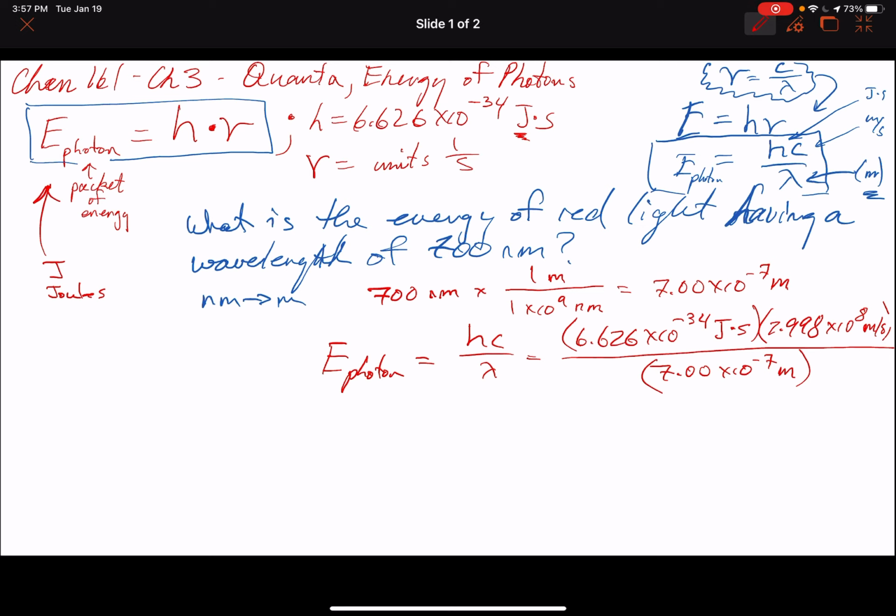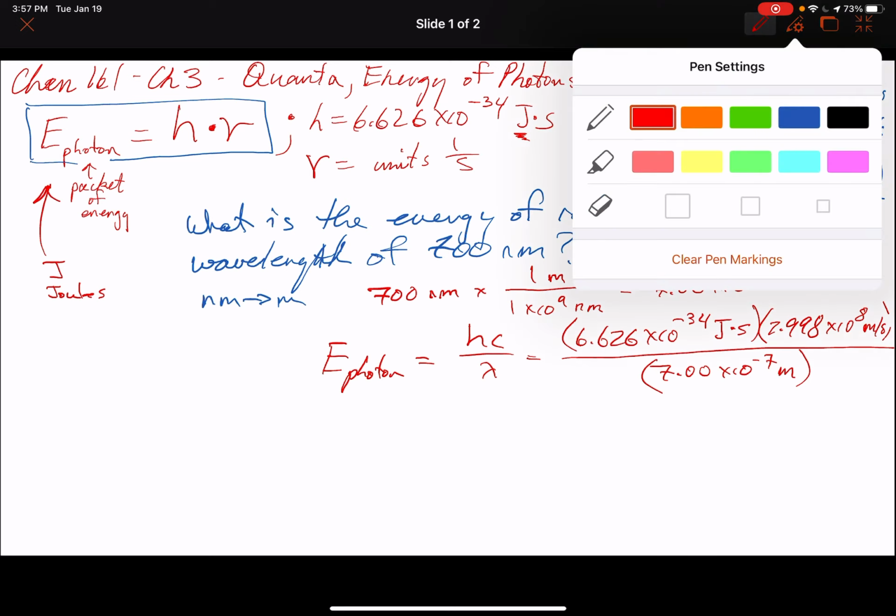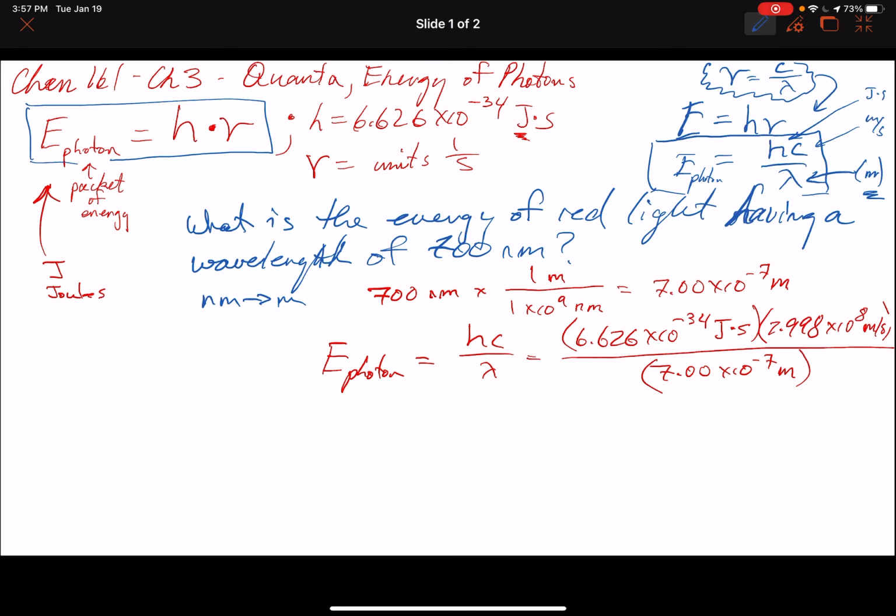And we can now look to see if units cancel appropriately. The meters in the numerator will cancel the meters down here. The per second will cancel the seconds, so we will end up simply with joules, which is what we expect for the energy value. Okay, so the energy of a single photon is going to be the product of those two constants divided by 7.00 times 10 to the minus 7.